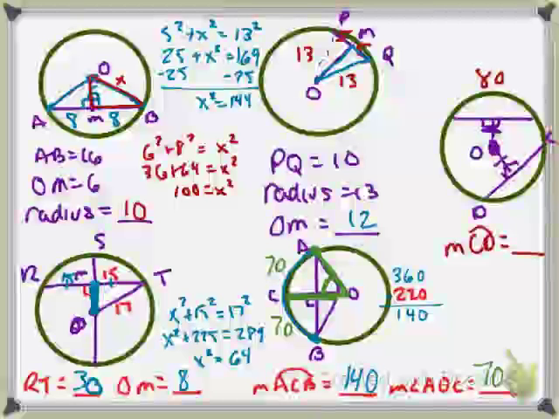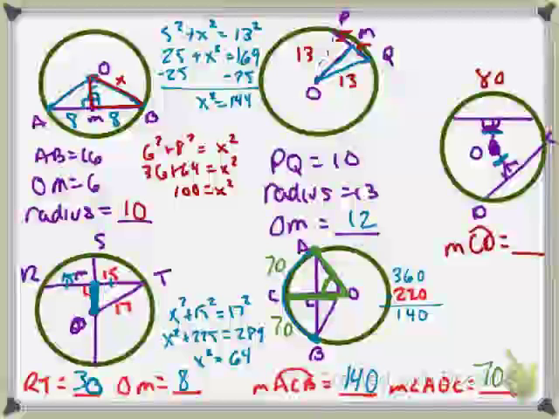One more question to look at here. We have 2 chords that are marked as being the same distance from the center. So we have these little tallies on them that say that they are the same distance from the center. So according to our theorems today, what does that mean about those 2 chords? They're congruent.